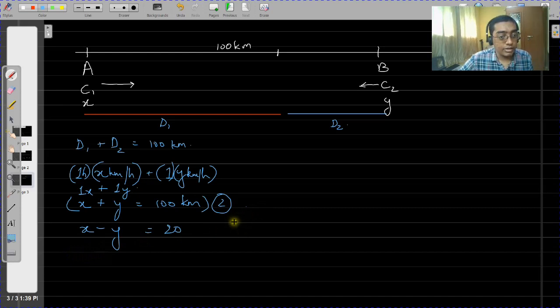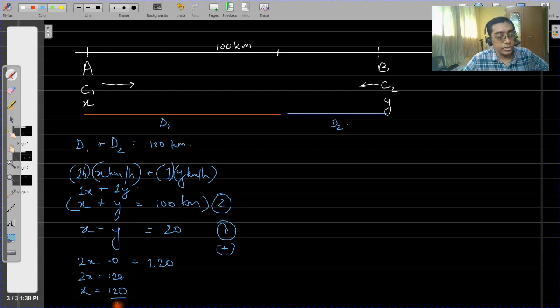If I add these two equations, the first equation and the second equation, you get x plus x, 2x, y plus negative y equals 0, equals 100 plus 20, 120. Therefore 2x equals 120, x equals 120 divided by 2, which equals 60.